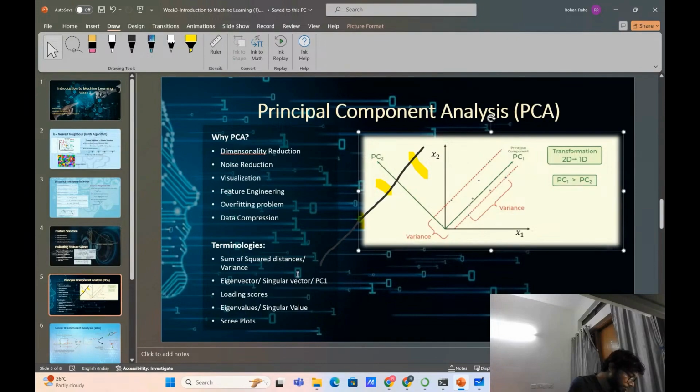Okay. So let's say in constructing this vector, you are going a little bit towards this side, let's say 0.5 units towards the x1 axis, and let's say 0.8 units towards the x2 axis. So 0.5 x1 plus 0.8 x2, that will be your new x axis. Okay. So your eigenvector would be basically 0.5, 0.8. So this is your new vector.